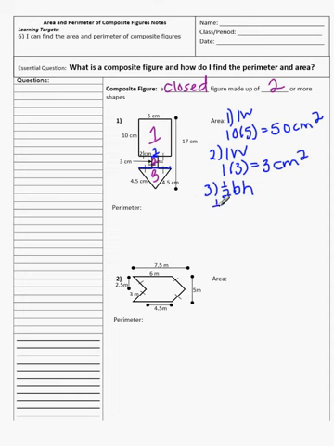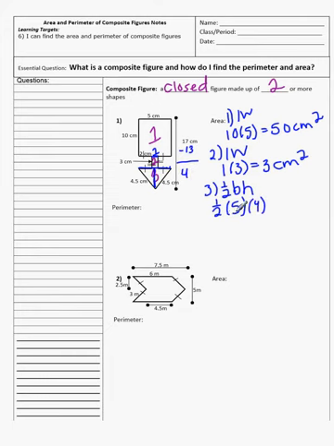So we know the base is 5, and then we need to know the height. Well, if we know the whole height is 17, and we know that the height of the rectangle is 10 and the height of this rectangle is 3, then we have to take away 13 from 17, which leaves us with a height of 4.